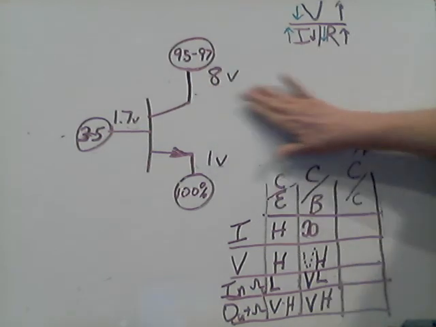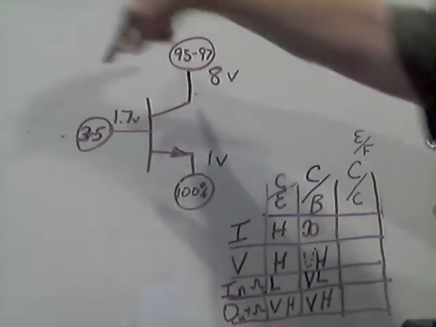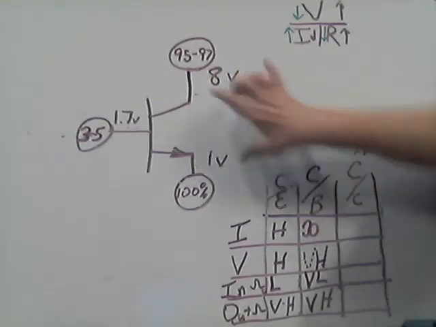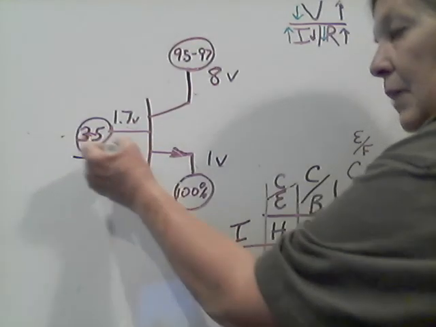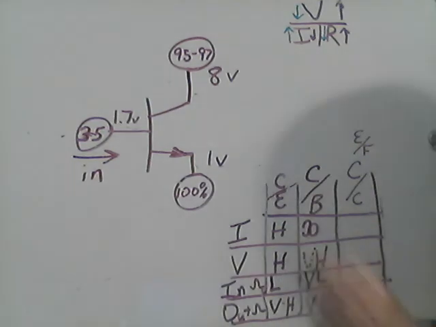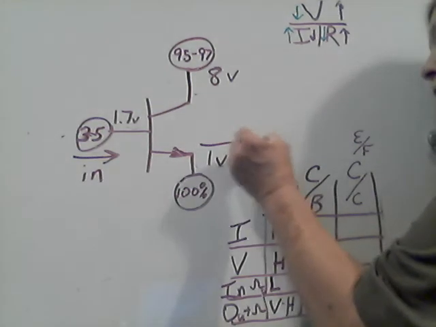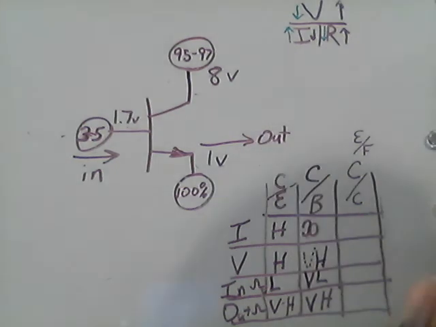So that means in that particular case, on the common collector, this and this are common. So the IN is coming in on the base, and it is coming off on the emitter. Is that correct? Yeah, that's right.